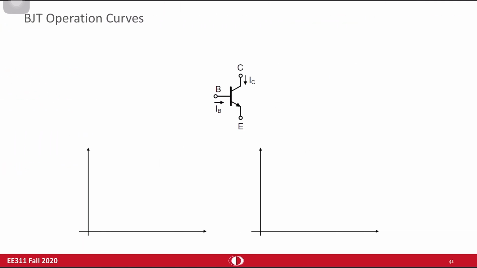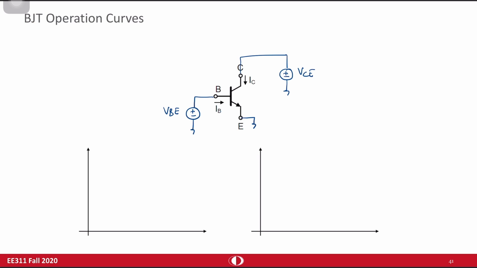The operation curves are quite similar to MOSFET. Assume that we are changing VCE, and assume that emitter is grounded. We have some base voltage defined as VBE.